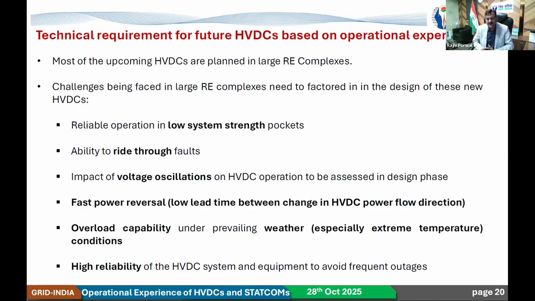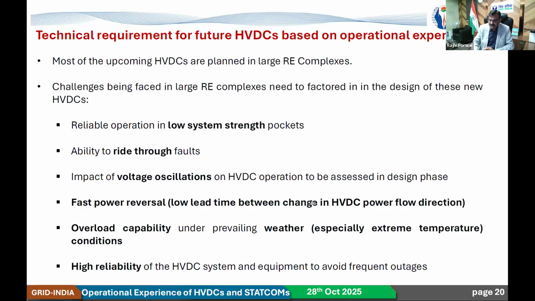It takes a lot of time, not only from the technical perspective but from the operational perspective also. So there will be a requirement on how fast we can change over from one direction to another. Overload capability under prevailing weather, especially extreme temperature conditions, also requires that we should have at least overload capability which is able to sustain during high extreme temperature conditions as well.